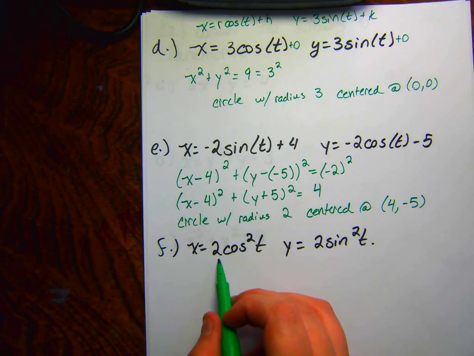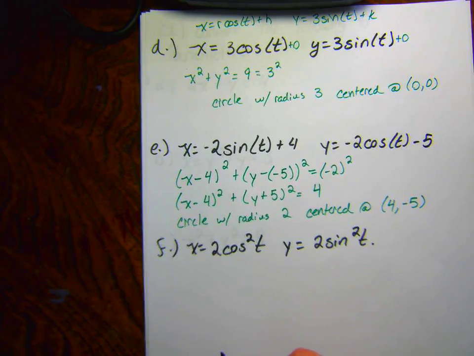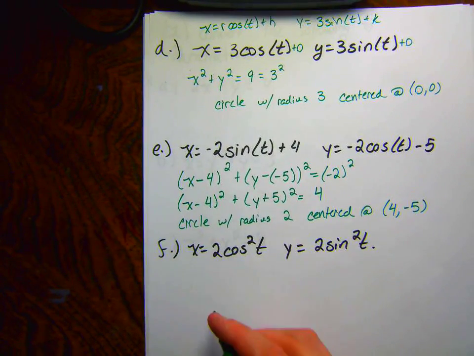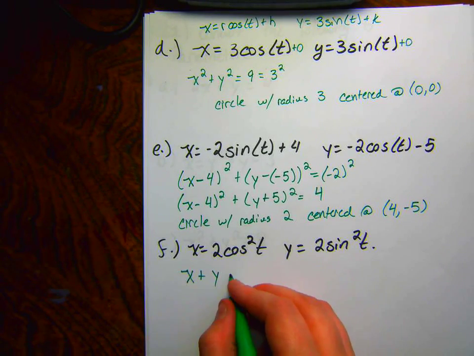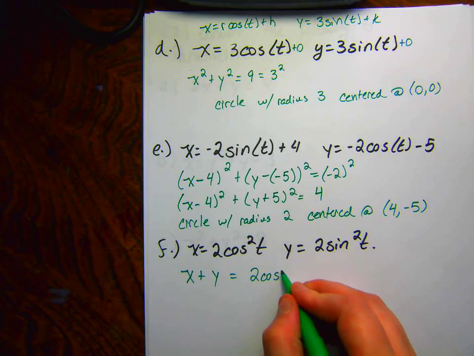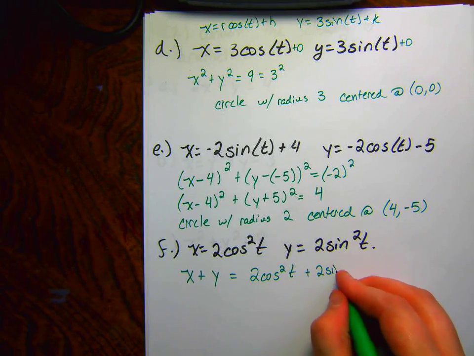Here we have x equals 2 cosine squared t and y equals 2 sine squared t. So this is going to take a look, because these aren't in the form that we have them up here. So what if I just took x plus y? Well, I know that my x is 2 cosine squared t. I know that my y is 2 sine squared t.